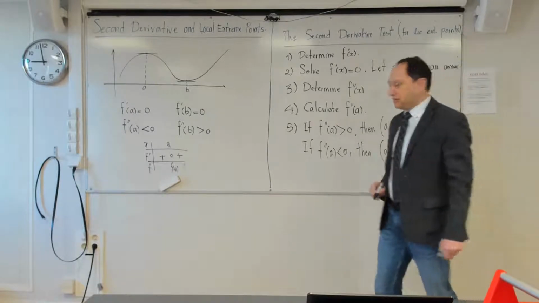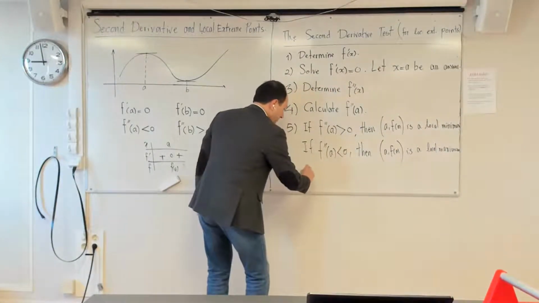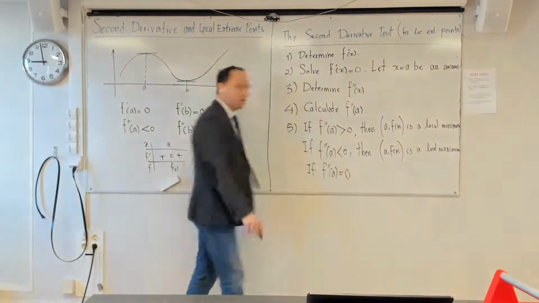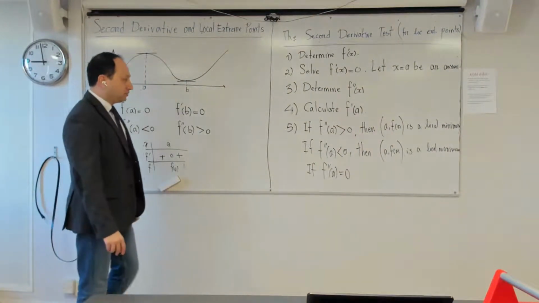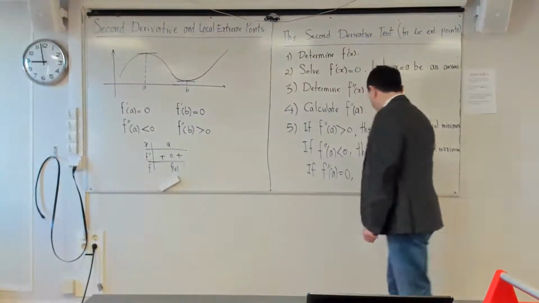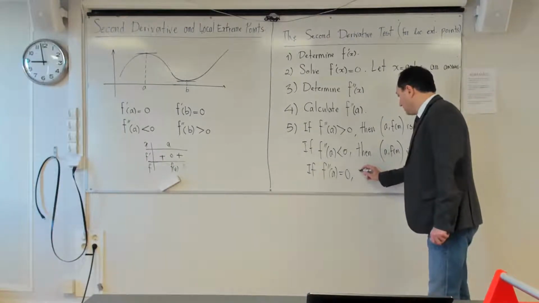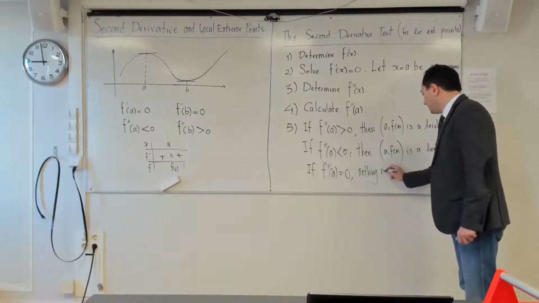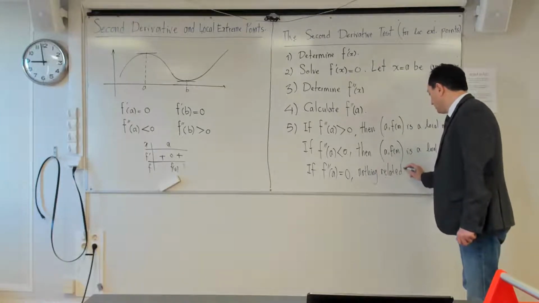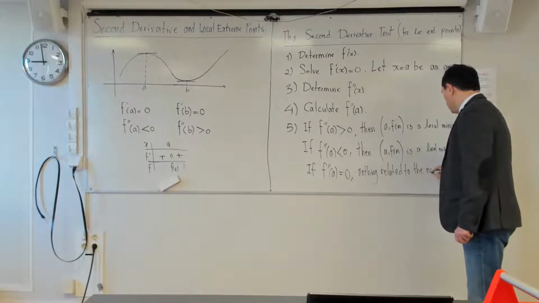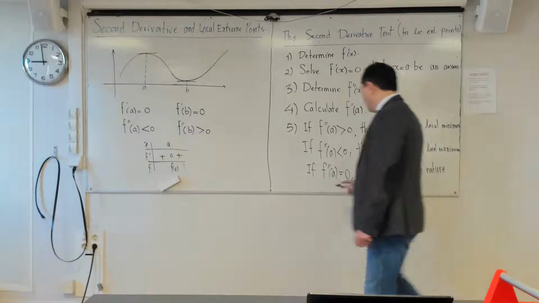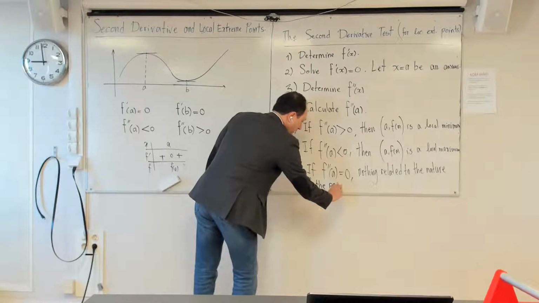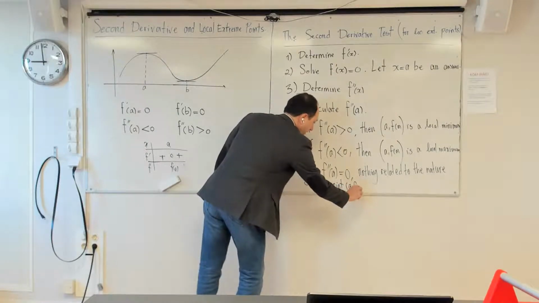Yes? And unfortunately, if I am very unlucky, it might happen that the second derivative at that point also becomes 0. If f double prime is equal to 0, nothing related to the nature of the point a and f of a.